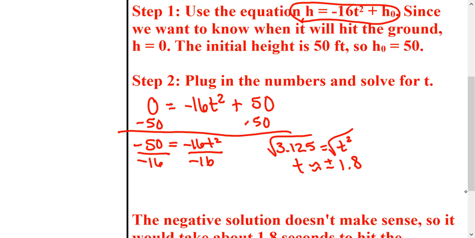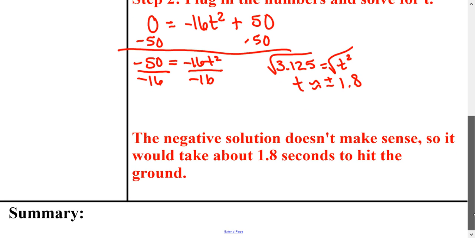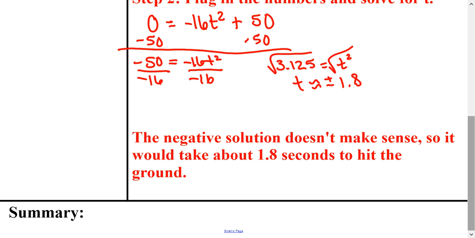But let's think about this logically. If I want to know how long it takes to hit the ground, I'm not going to say that it took negative 1.8 seconds to hit the ground. So since the negative solution doesn't make sense, we would just use the positive one. So it would take about 1.8 seconds for the object to hit the ground.